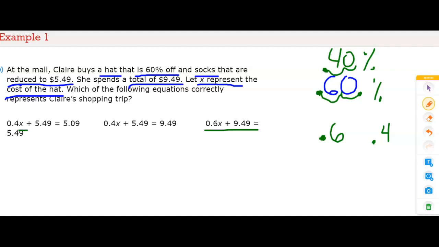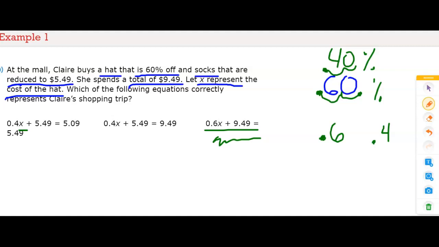So if the hat costs $5, you would multiply $5 times 60%, and that will tell you what 60% of that cost is, and then you have to subtract that from the total cost. So there would have to be an additional step here for this equation to work.